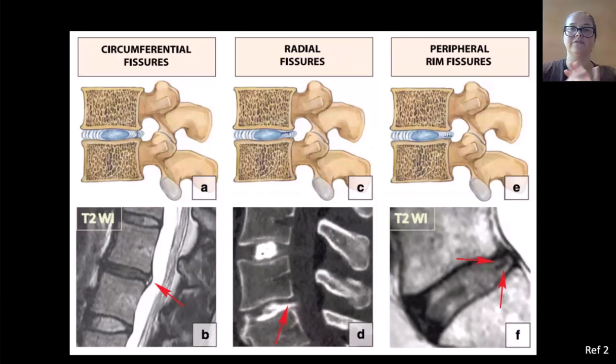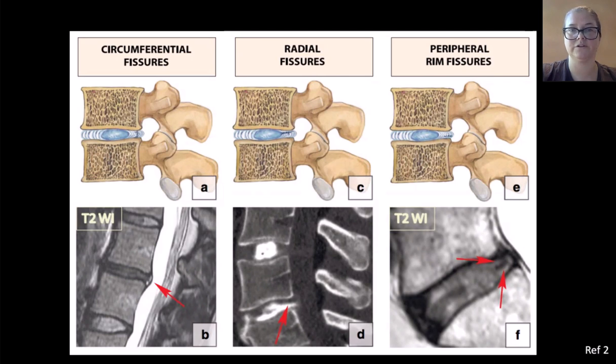All right, annular fissures. So again, this is sort of a one word thing. There is an annular fissure or there's not. Again, probably not using tear. We're going to stick with fissure. Medical legally, probably more in the US, it could be problematic if you're saying tear, and then if a patient had an MVC and they had a follow-up MRI and there's an annular tear, it could have some medical legal ramifications.